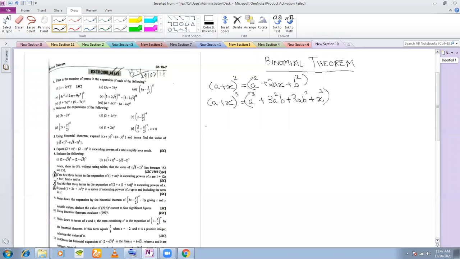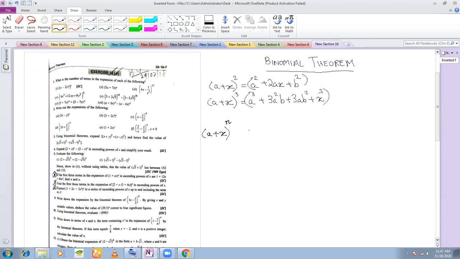So what is the binomial theorem? The formal statement of the theorem is that if a and x are any two rational numbers and n is a positive integer, remember n is a positive integer in this. We have a binomial theorem for negative and fractional index also, where n is a negative number or a fraction, but I think that has been excluded from the syllabus.